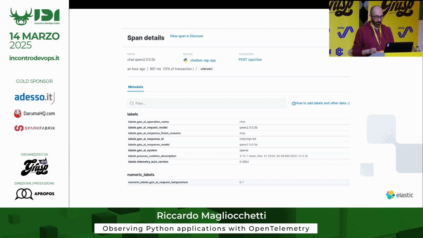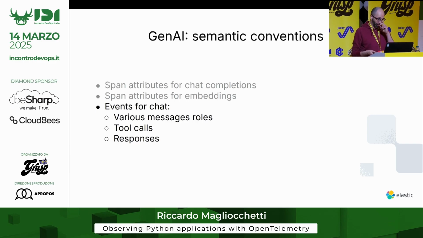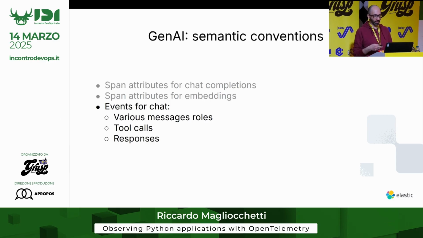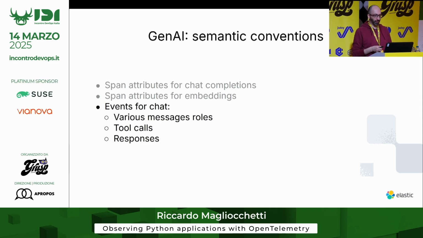OpenAI API. Now, we also have a bunch of events for the various messages used in these GenAI chat sessions. We have, of course, events for the various message roles like system, user, assistant, developer. And then we have an event for responses we got from tool calls. I don't know if you know what tool calls are.